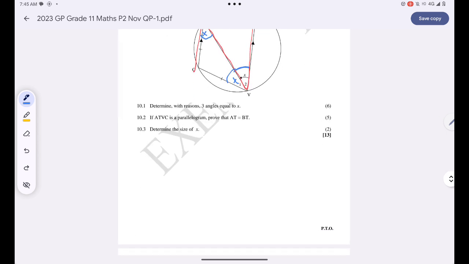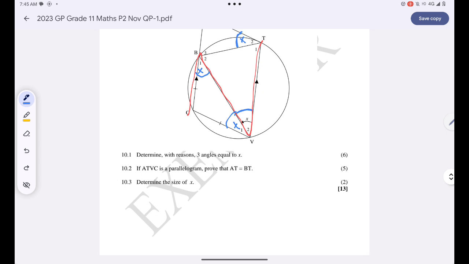How am I supposed to write? Angle T2 is equal to angle V2, which is equal to X. Why? Tan-chord theorem. Are we together?